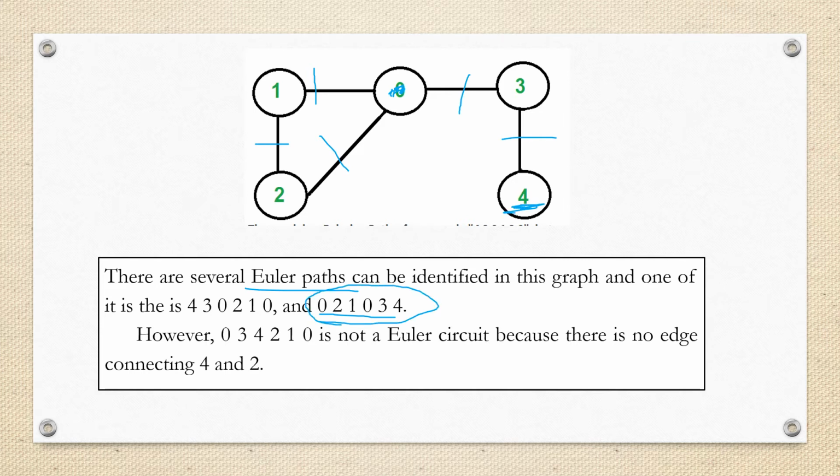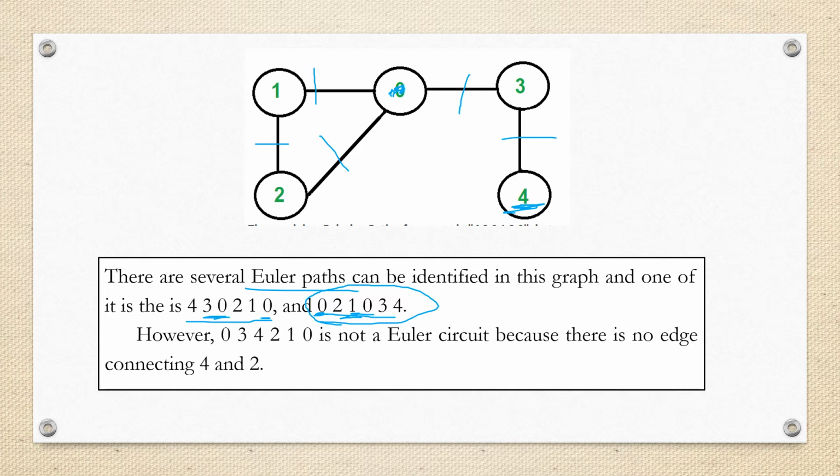If you are going to observe, we use vertex 0 twice, as well as here. And it is okay. According sa Euler path, ang edges lang talaga dapat isang beses lang gagamitin.